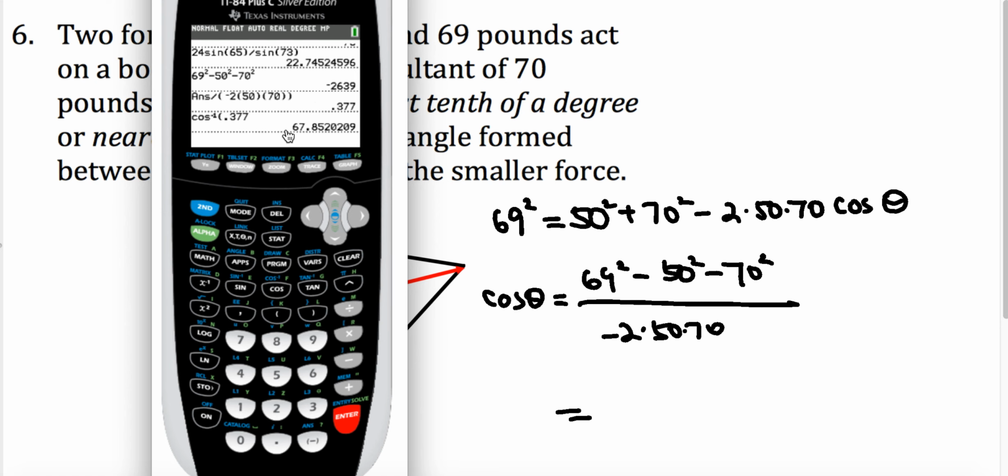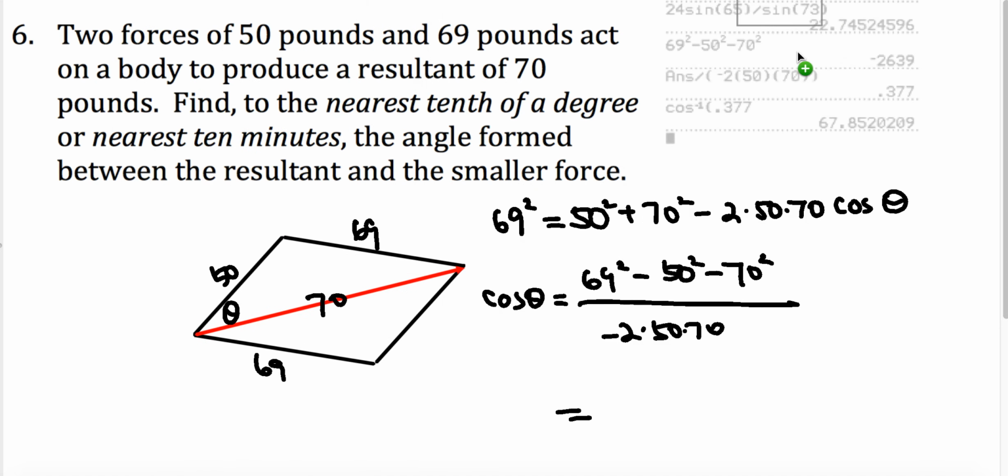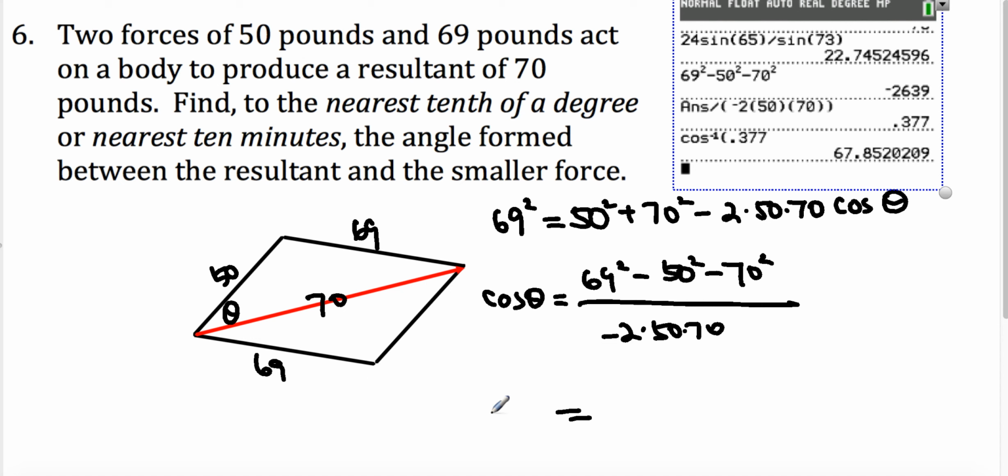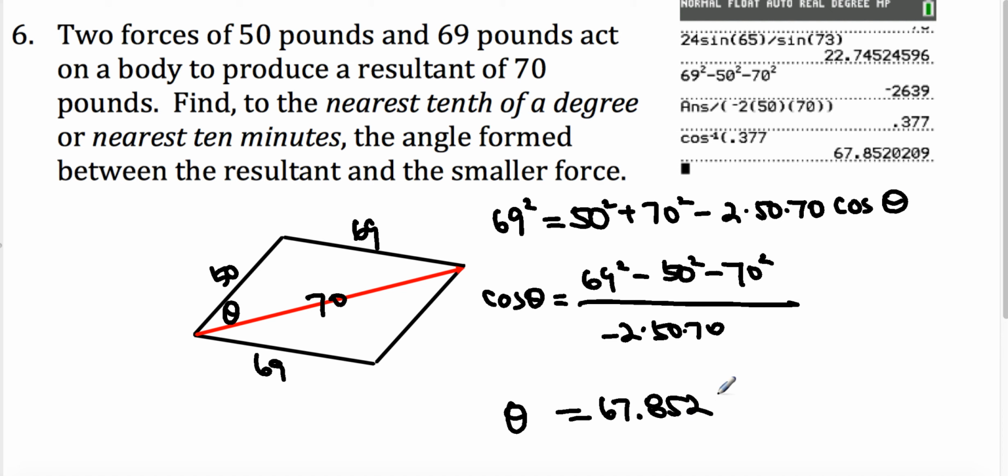So then angle theta is equal to 67.852 degrees. So here, find to the nearest tenth of a degree, so then this becomes 67.9.